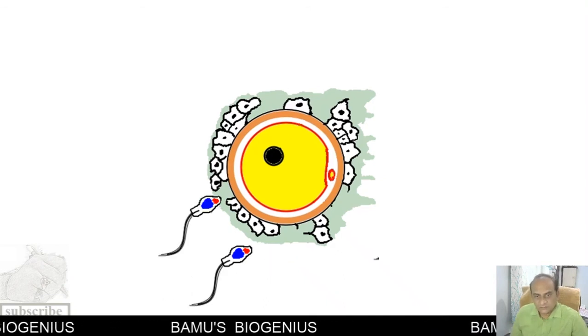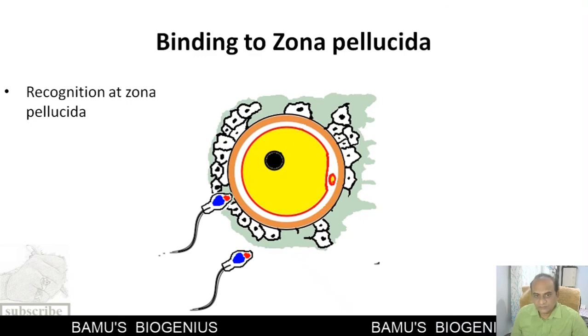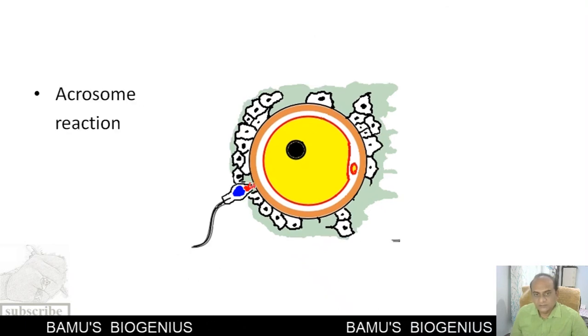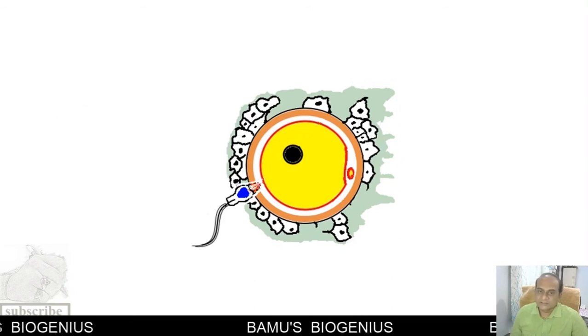You can see the sperm approaches, then it binds to the zona pellucida, recognition of the zona pellucida, then the acrosome reaction takes place, and the acrosomal content is poured out, making a kind of tunnel through which the sperm enters.